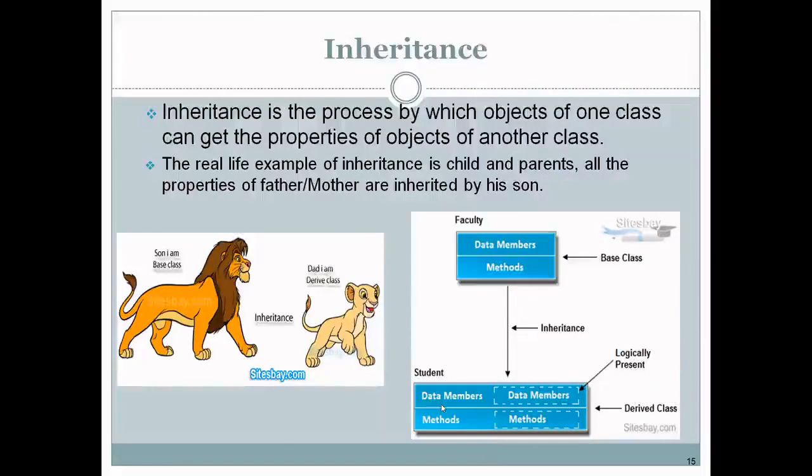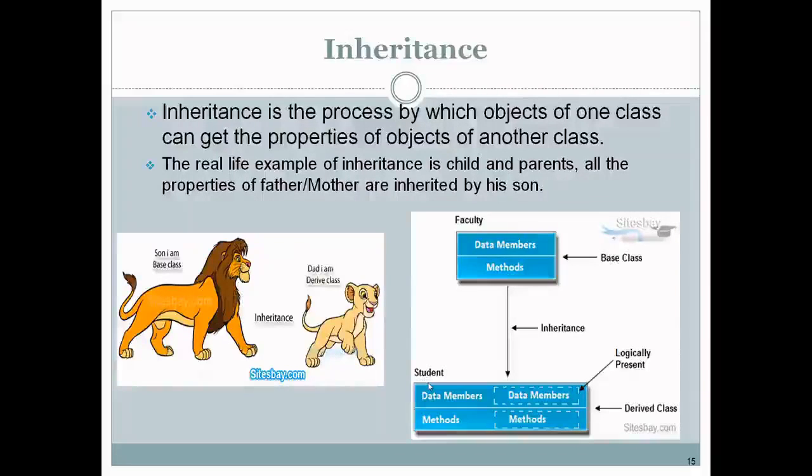The properties may be again a name, address, date of birth, mobile number. If you look at the properties of students, you will find that students also have similar properties to a faculty. And the same properties of faculty are again declared in the student class.